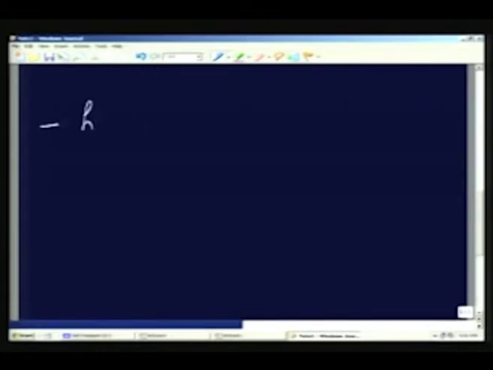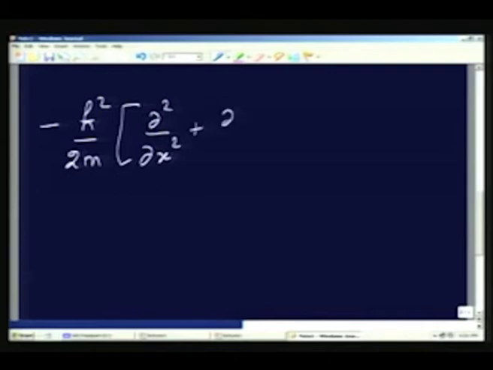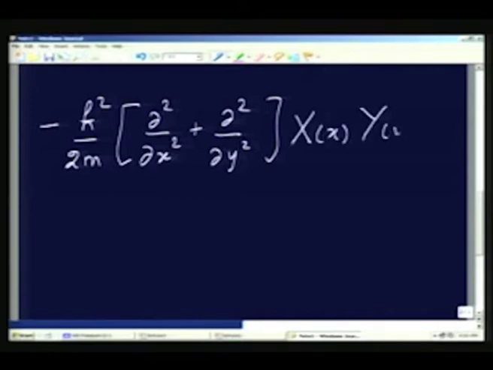Therefore, when you write minus h bar square by 2m, dou square by dou x square plus dou square by dou y square, acting on a function X of x, Y of y, giving you E X of x Y of y.